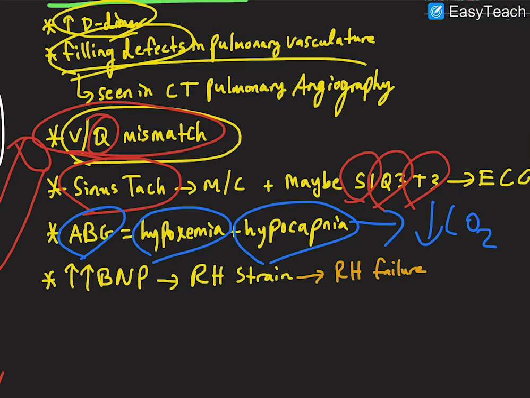And then what if you looked at your B-type natriuretic peptide, your BNP levels? What is B-type natriuretic peptide? When your ventricles are stretched, they can actually release BNP.